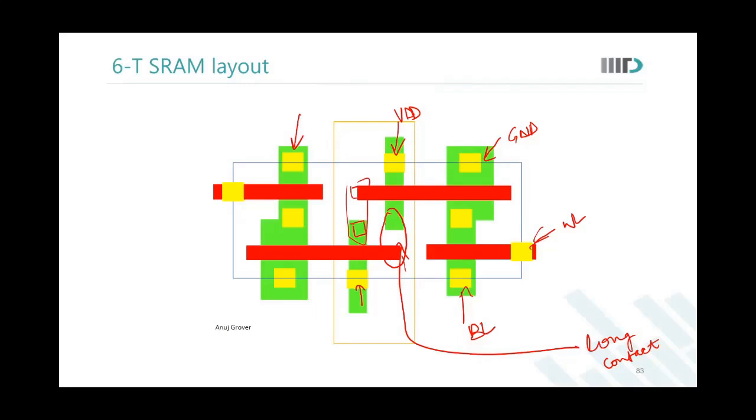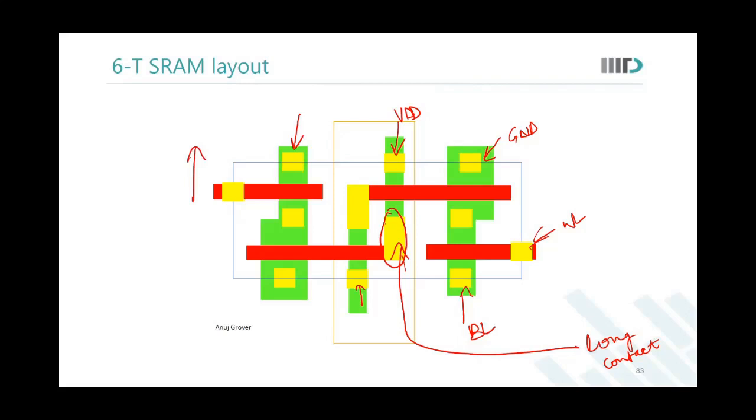Are you able to see this? And there is a DRC spacing between these two contacts that I have to maintain. Maintaining that spacing would mean I have to increase the height of the memory cell. This is what I don't want to do. And to avoid that, we use these long contacts.